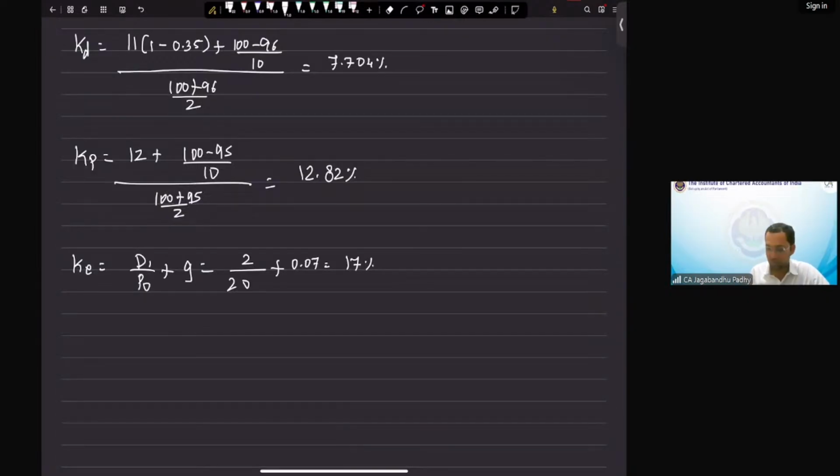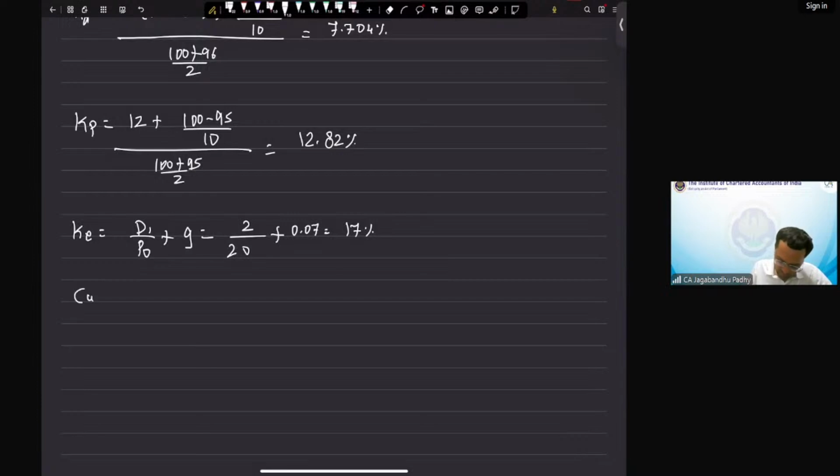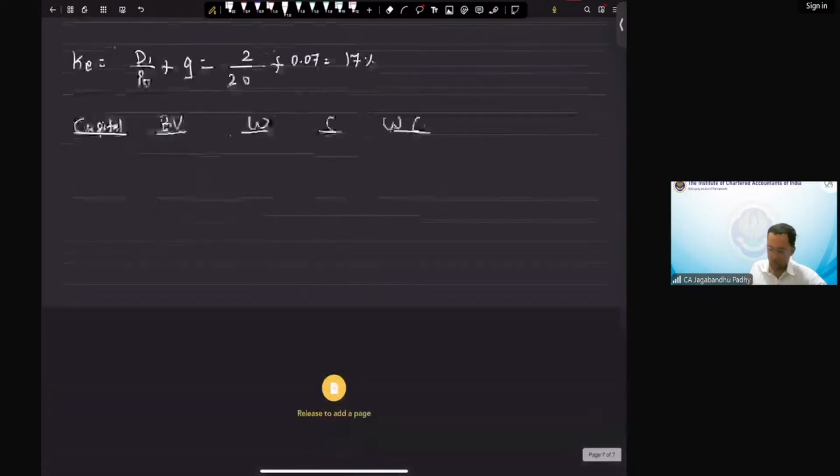Okay. What's the use of sale price? Sale price is used to determine the net proceeds, right? After subtracting the flotation cost. Then we have the capital, book value, cost, and obviously from book value you can get the weights, cost, and then it's going to be weights into cost.